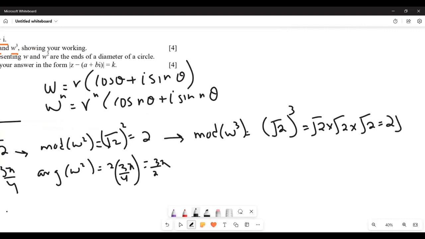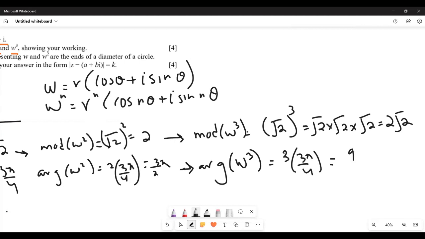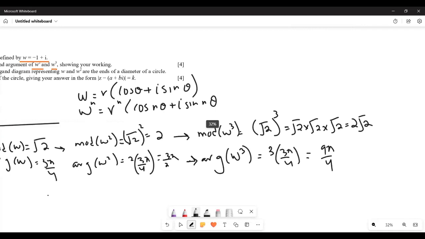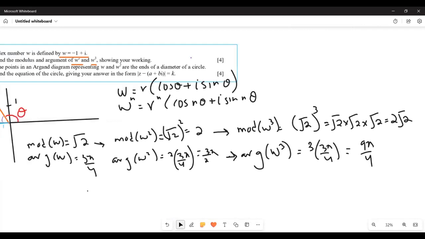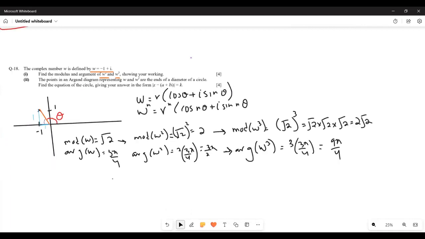That is 2 square root of 2. Or you may directly use the calculator. And then we have the argument of W cube. Argument of W cube would be argument of W times 3. So it's going to be 3 times 3 pi by 4, which is 9 pi by 4. So we have the argument and the modulus of W square and W cube by changing W into polar form.